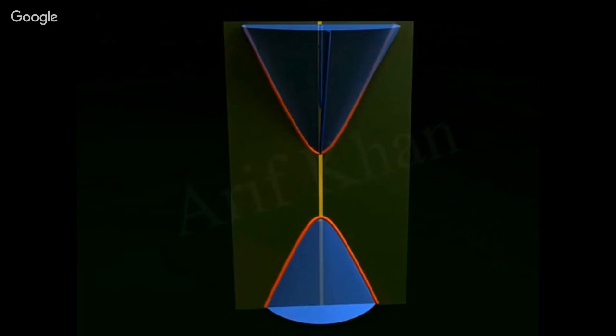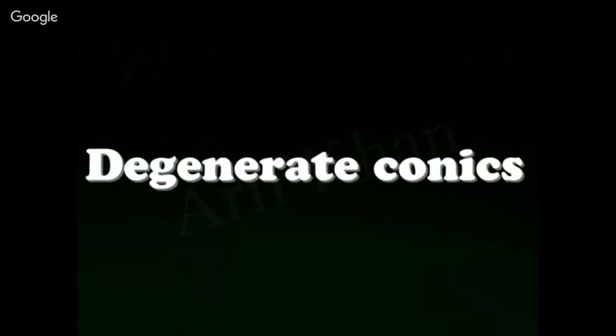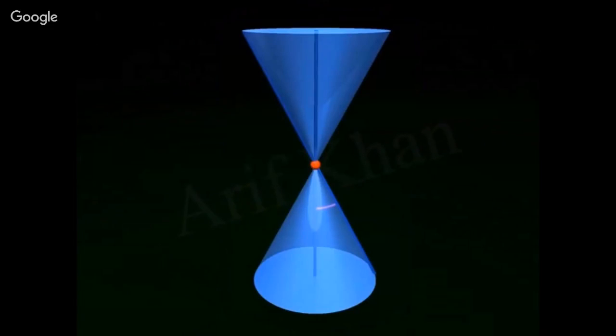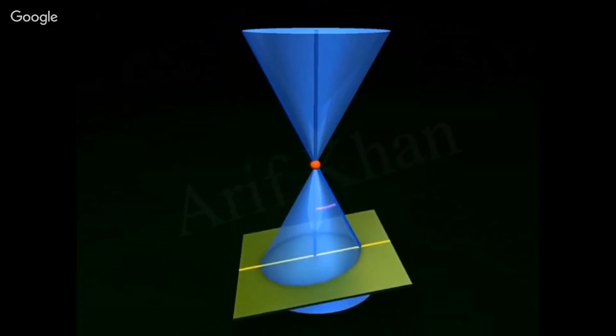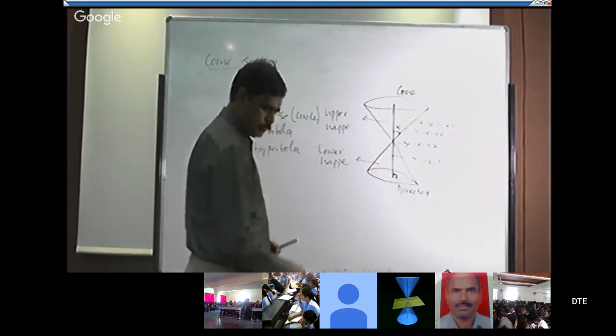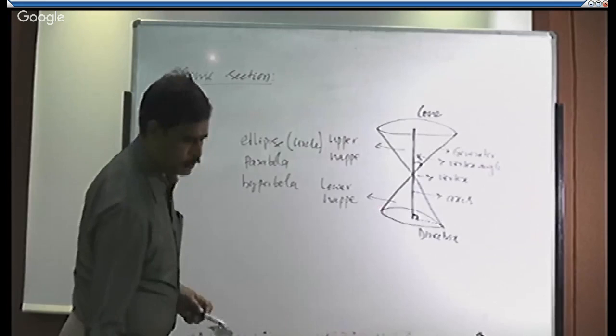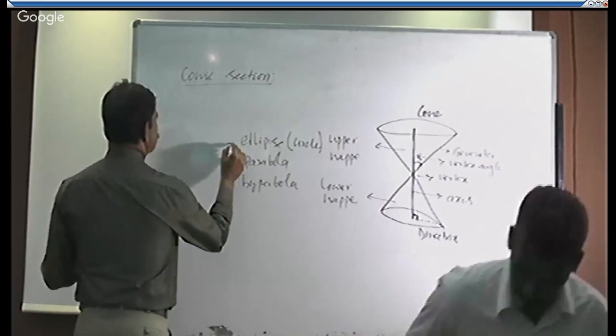So these are the three different conic sections we should learn. One is ellipse, another is parabola, and the other is hyperbola. Right? Let's stop. So the ellipse will look like this.